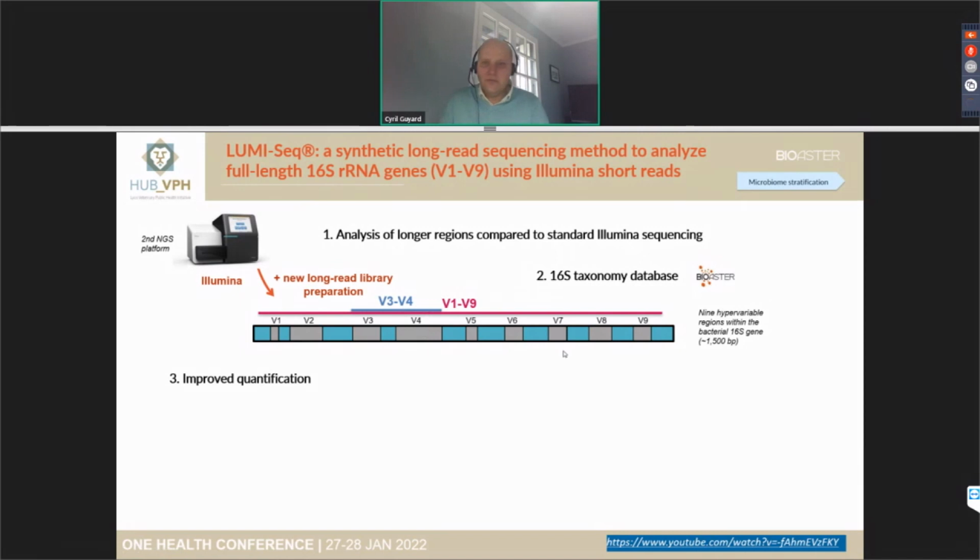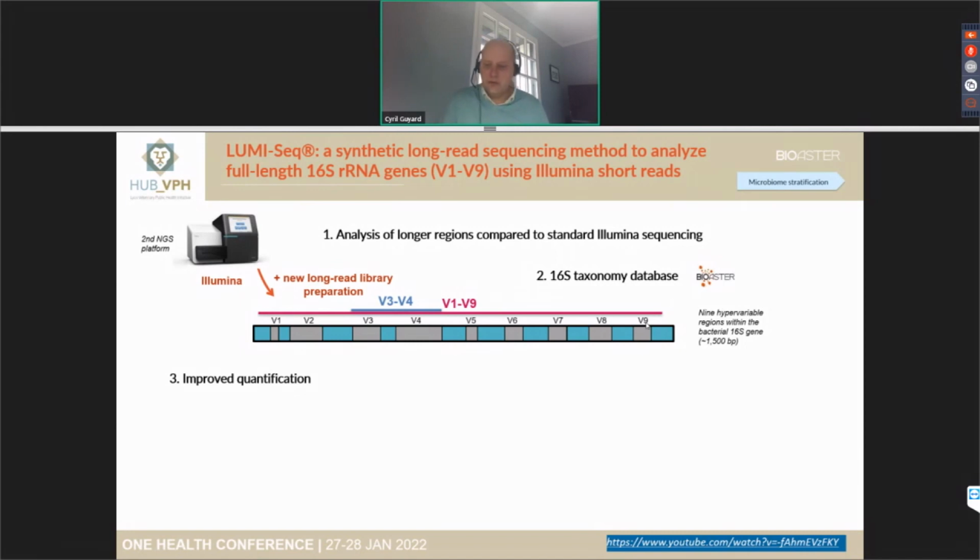Here we've developed solutions to sequence from V1 to V9. V3-V4 16S RNA sequencing basically has the limitation of not being able to go down to species in terms of analysis of a microbiome.